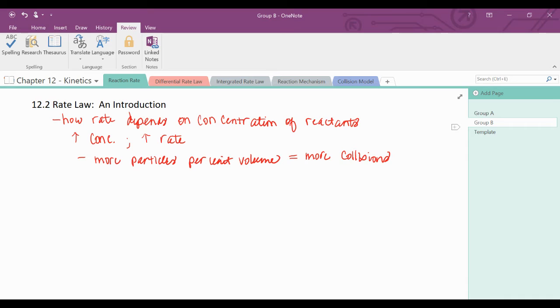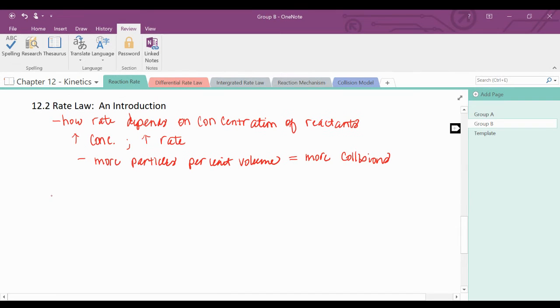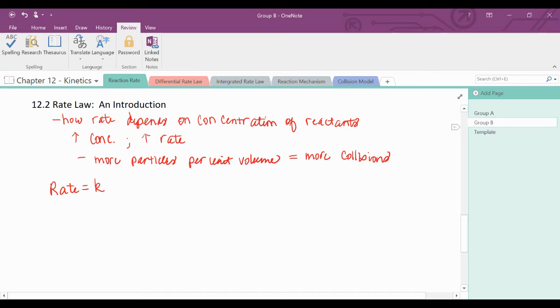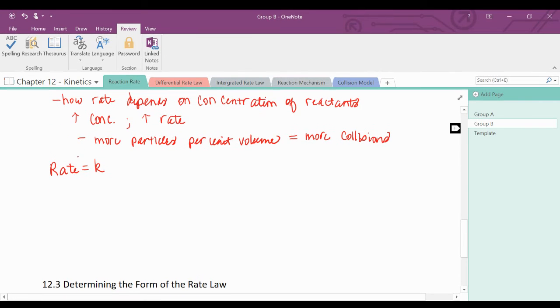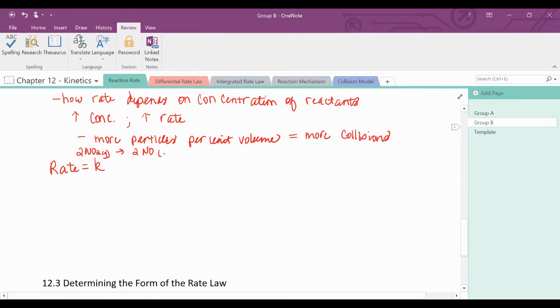Okay, so a rate law actually looks like this. It says that the rate is equal to my lowercase k here, so we'll talk about k here in a second. And we're going to use the equation that we used in section 1, where I have my nitrogen dioxide gas decomposing to form nitrogen monoxide and oxygen gas.